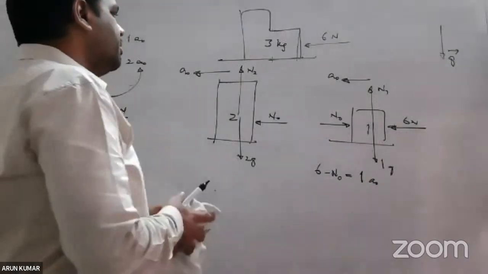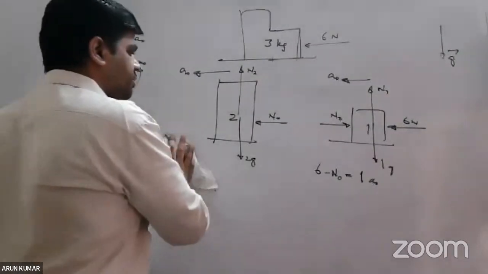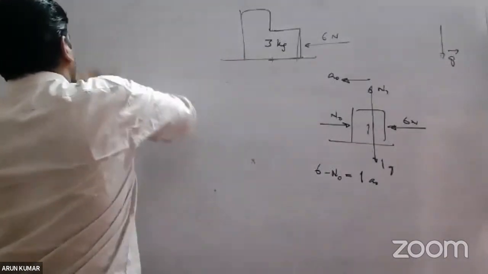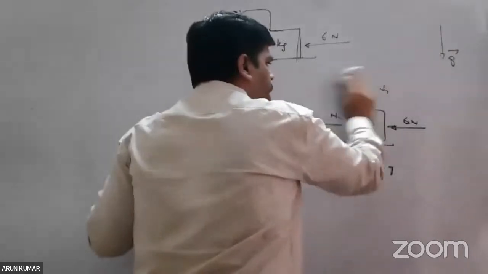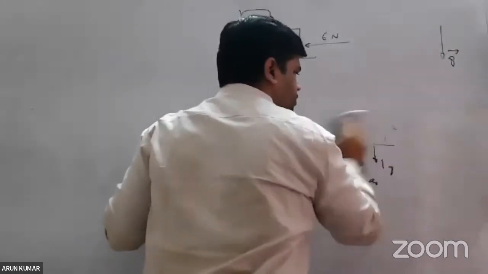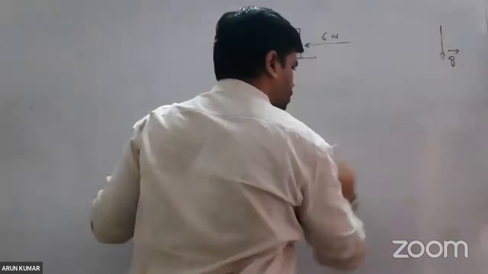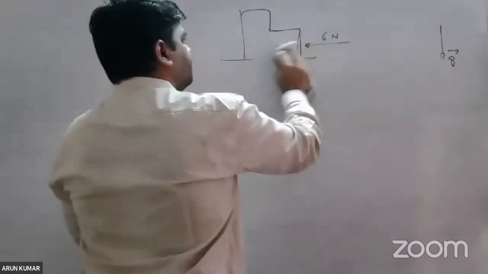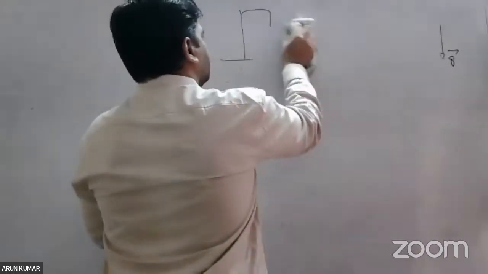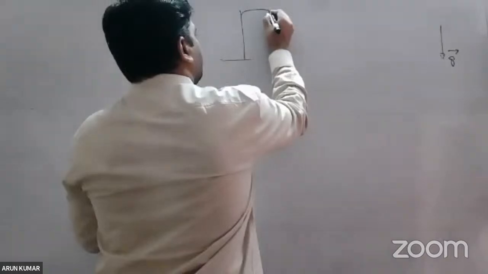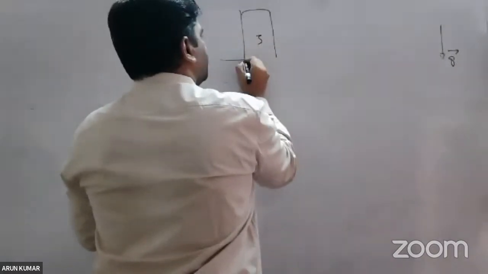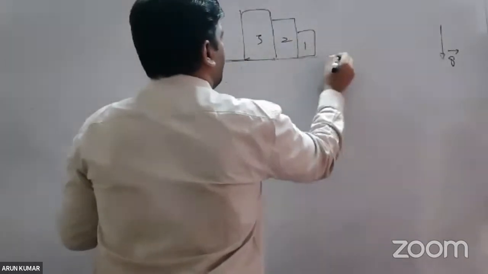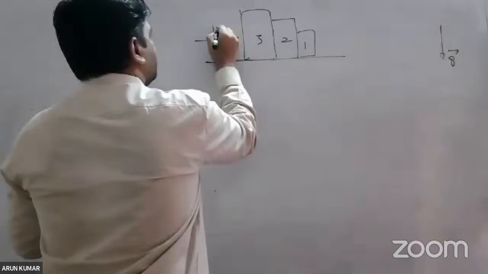Okay, now I'll extend this problem to one more block. Three kg, 2 kg, 1 kg, and the applied force is 12 Newton.